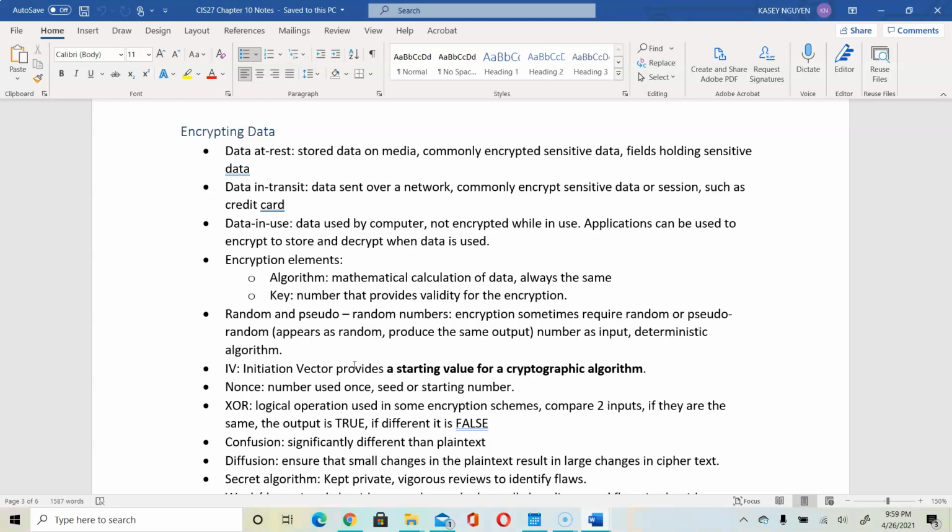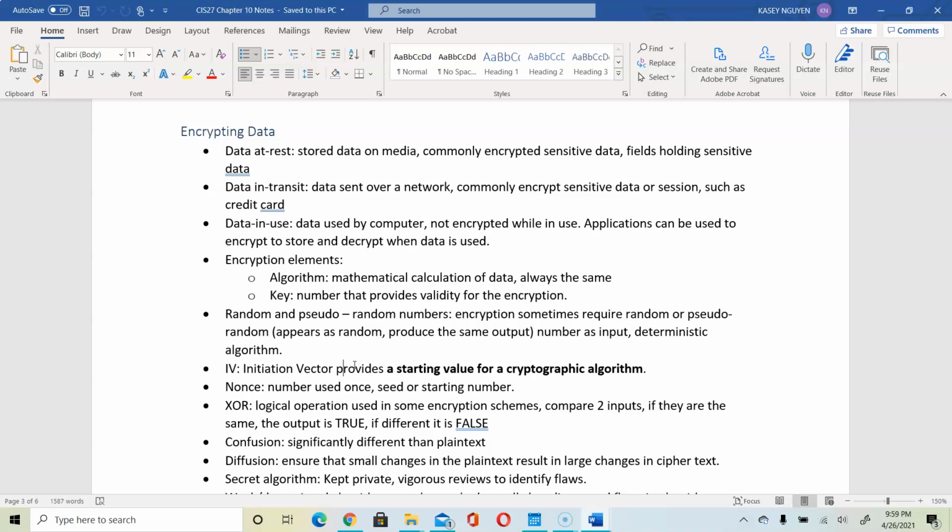So when the attacker scans the traffic and is able to identify the IV, that gives them some idea of the starting value for that particular algorithm. A nonce is a number used once, and this is a seeding value used for randomization or pseudo-randomization.